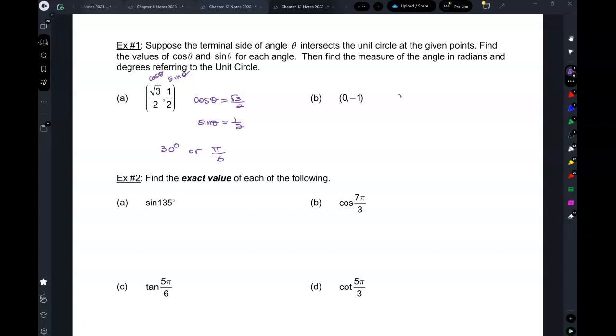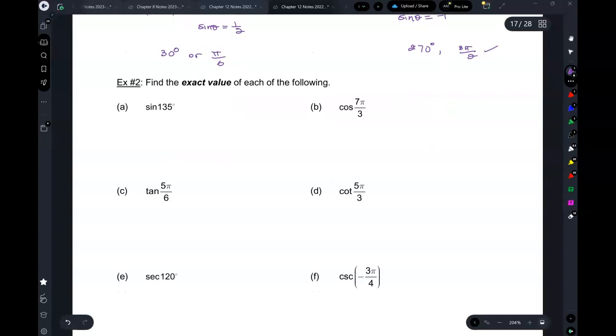Cosine is 0, sine is -1. And so that would have been, is it 180? 180. Oh, it's 270. It's 270. How much in radians? 3 pi over 2.